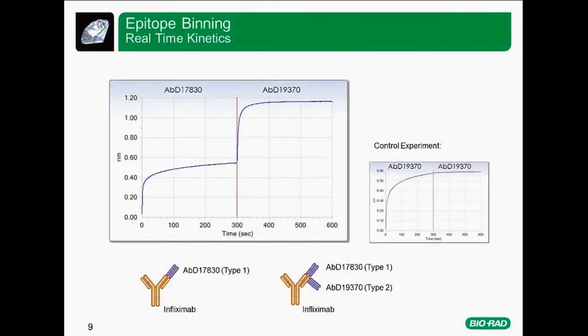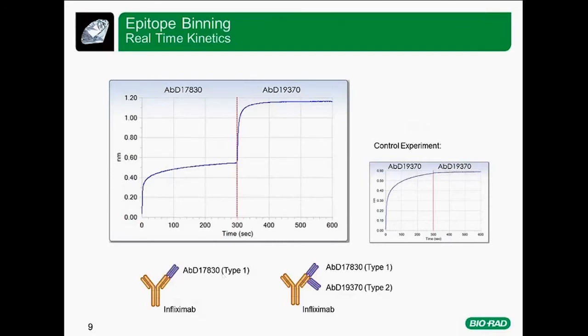Another assay to show that these different anti-idiotypic antibodies bind to different epitopes was done by real-time kinetics, an epitope binning experiment, where infliximab was coated on a sensor and then incubated with the type 1 antibody ABD17830.